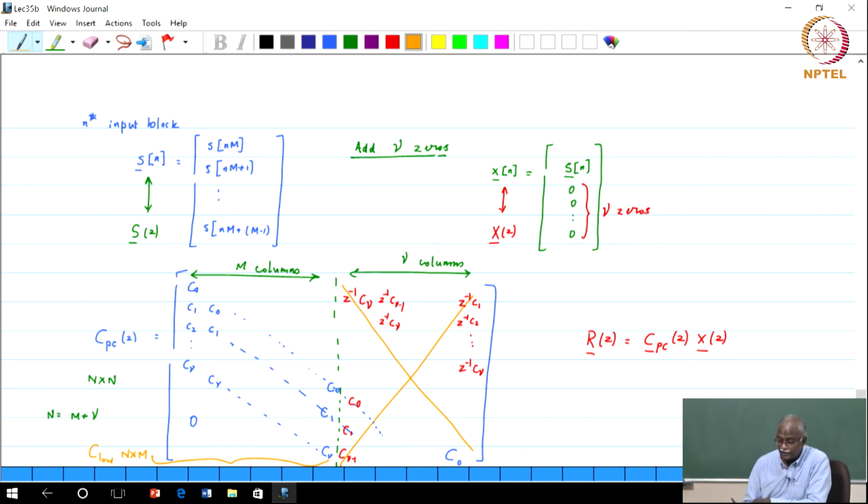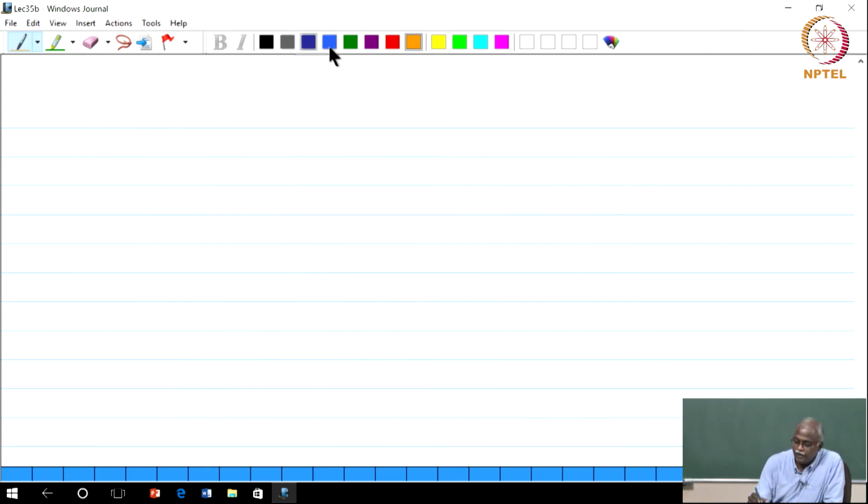There is no memory in the system. So what we can write down as the input output relationship is that R of n, the output vector, which is an n cross 1 vector, can be written as C low, which is a constant matrix, times the vector S of n, that is, with the zero padding taken out.